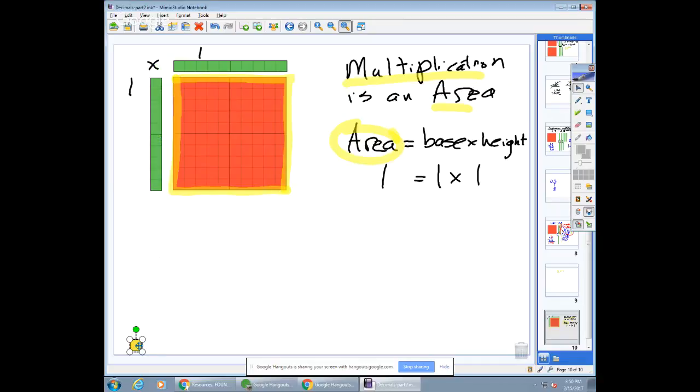What I have here is a 1 times 1. No big whoop. However, this does kind of get interesting. I could say this is 1 and 0/10 times 1 and 0/10. And ignoring the decimal point for a second, doesn't that look kind of like 10 times 10? And so couldn't I say my whole area is actually 1 and no hundredths?